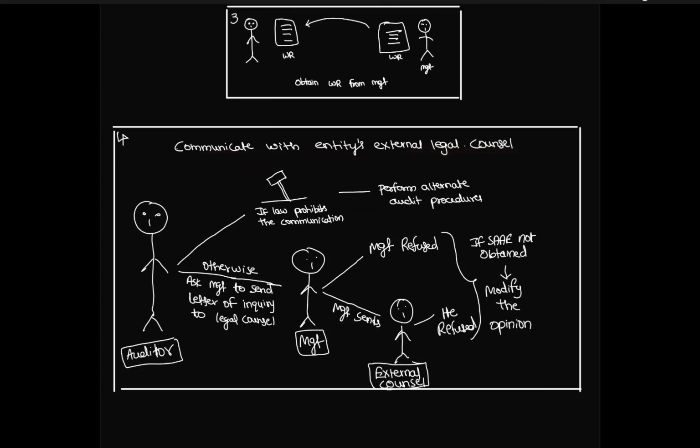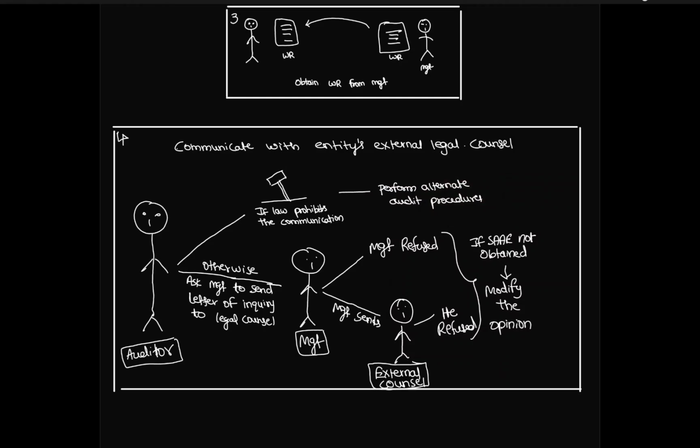So here the catch is the auditor cannot directly ask the entity's external legal counsel. In this case many situations can arise. If there is any law which prohibits communication between the auditor and external legal counsel, then he has to perform alternate audit procedures because you don't have any other option.